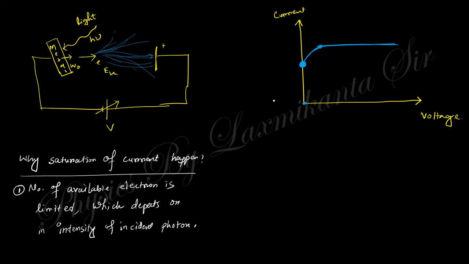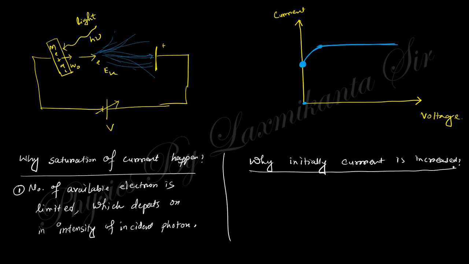And why is there an increment? Why is the current initially increased?